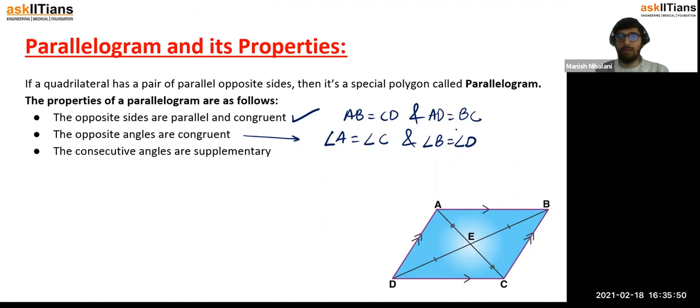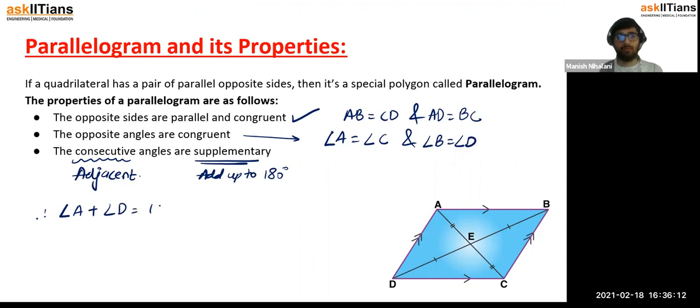Consecutive angles are supplementary, which means adjacent angles add up to 180 degrees. Therefore angle A plus angle D is equal to 180 degrees, and angle B plus angle C is also equal to 180 degrees, right?